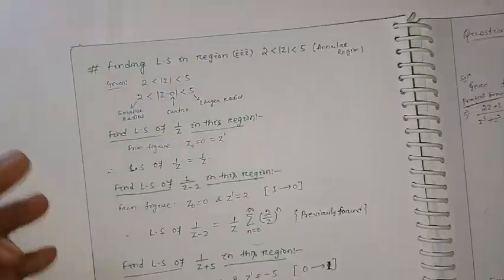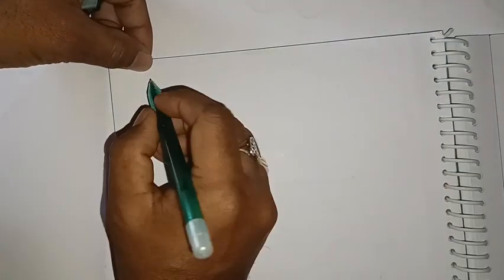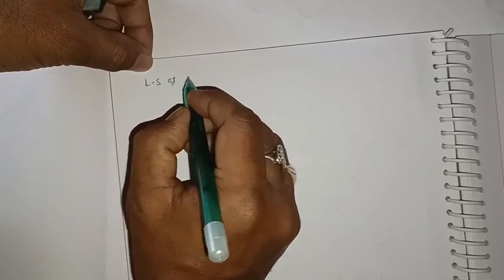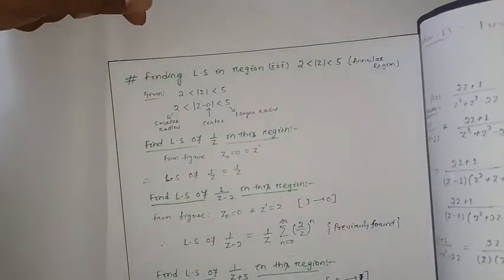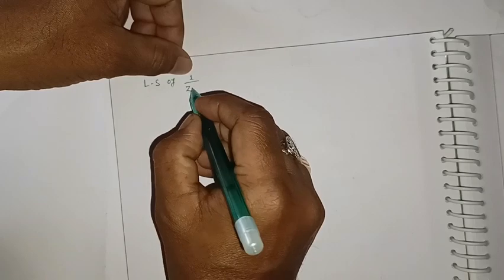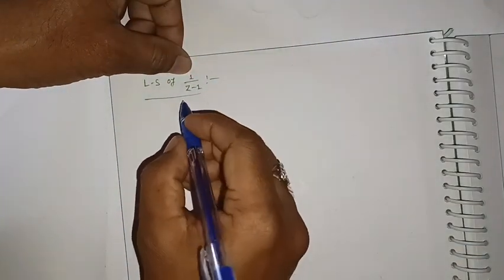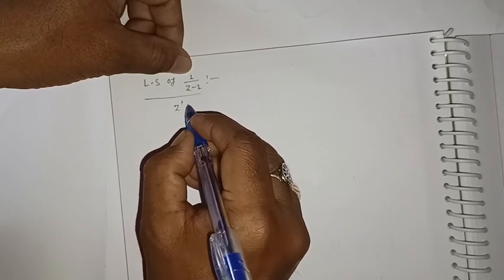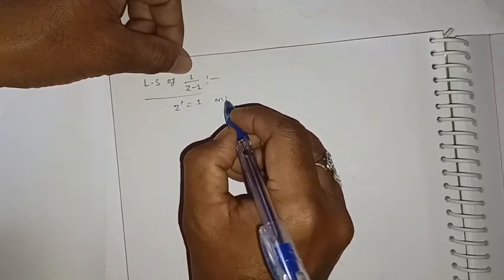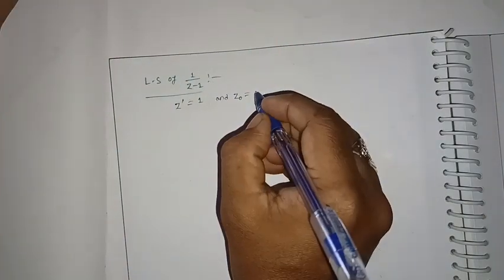Now we are going to go for our 1 by z minus 1. So we have to find the LS of 1 by z minus 1 in this region. For this case, from the figure itself, what is z dash? Z dash is 1, and z0 we already found from the figure is also 1.